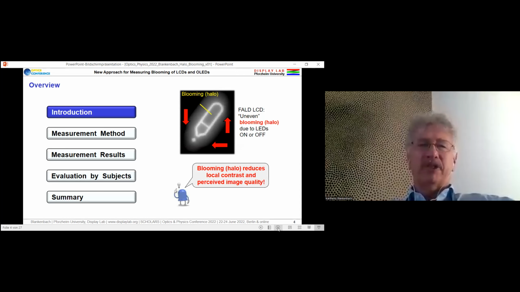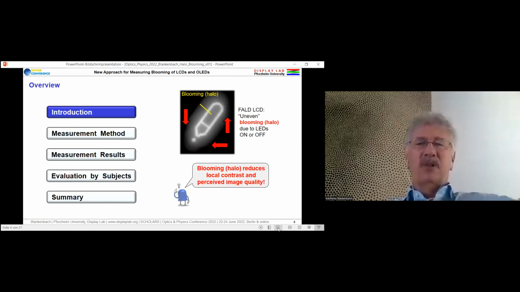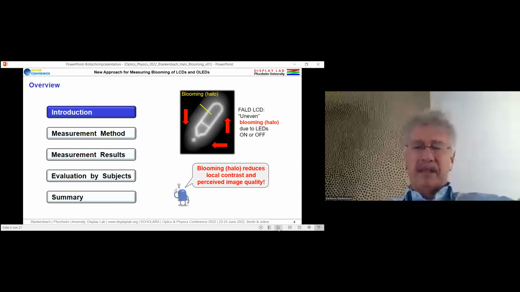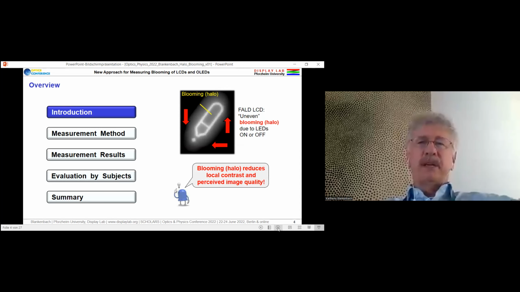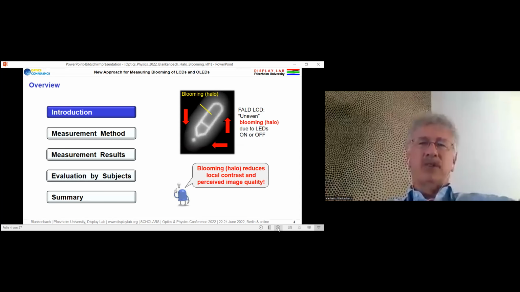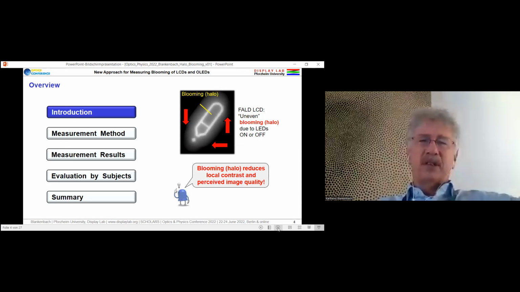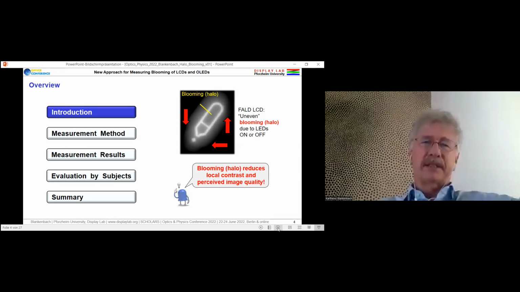These brightened areas are non-uniform, and this is also a hint that this is an LCD with local dimming backlight, because those irregularities of the blooming correspond to the pixel pitch of the so-called local dimming LCD. I'm going to present this in more detail. This blooming is very disturbing for the observer and is also a serious issue for medical X-ray imaging, for instance.